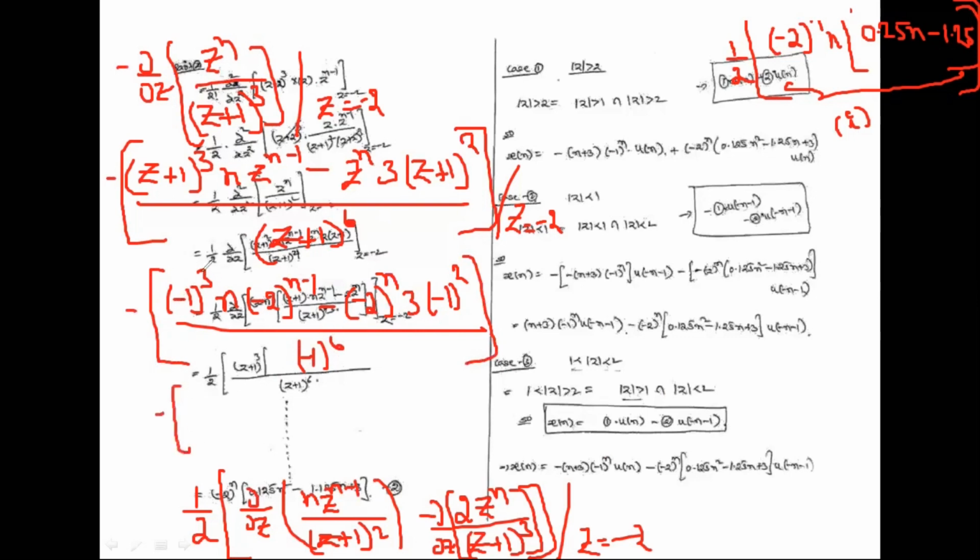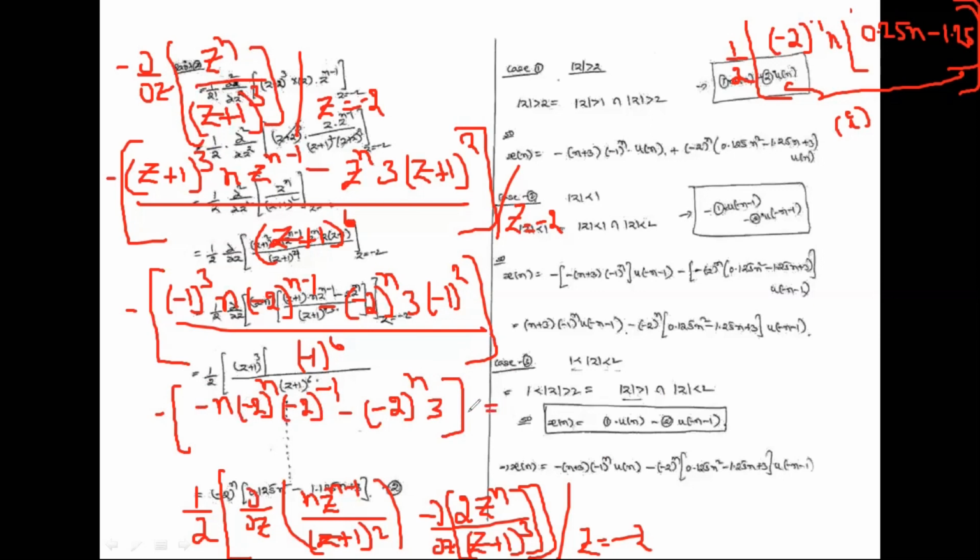Minus of minus 1 whole cube, it becomes minus n into (minus 2) whole power n minus 1, and minus (minus 2) whole power n, and 3 into this square, a positive value only, the 3, divided by 1. This minus, you can multiply the two functions, all become a positive value.